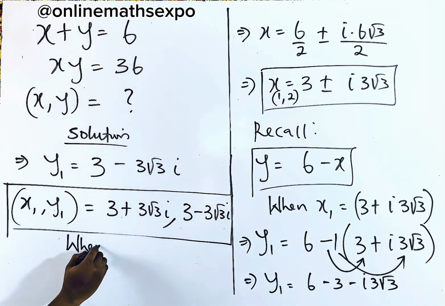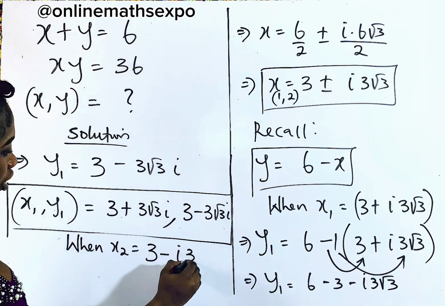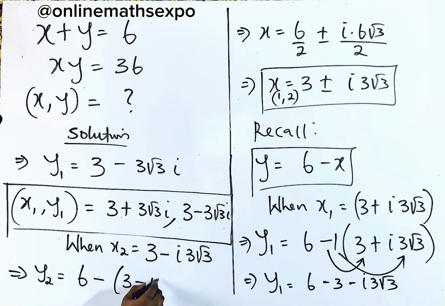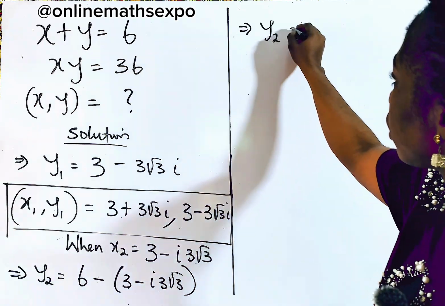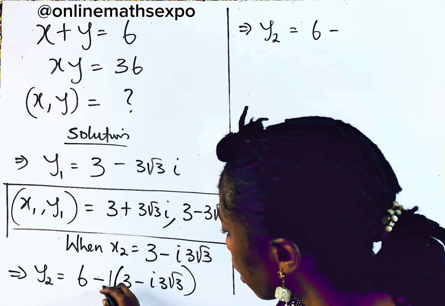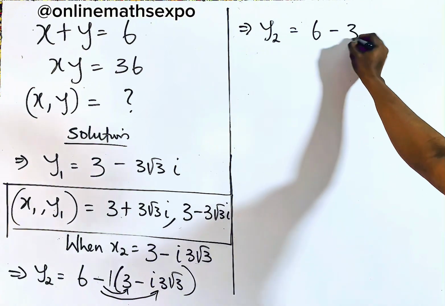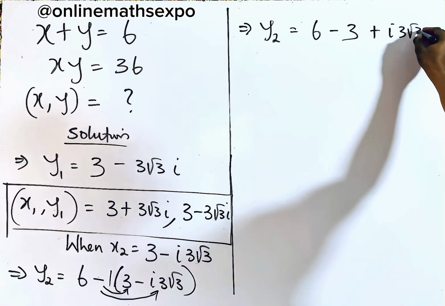When the second x is 3 minus i 3 root 3, we are going to have the second value of y will be 6 minus, put this in brackets, so we have this. So simplifying, the second value of y will be 6 minus, let's distribute with the negative. So you also multiply this. This will give us -3. Multiply this, you have positive i 3 root 3.